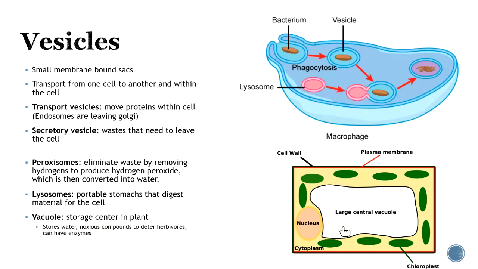Well, what's happened is it's used up its water reserves in that central vacuole, and as it uses that up, the central vacuole kind of shrinks in on itself, and then it pulls away from the cell wall, and the cell looks kind of shriveled. Now, when you water it, the water is replenished, and it's going to store it in that central vacuole because it doesn't know when the next drink's coming, and your plant kind of perks back up.